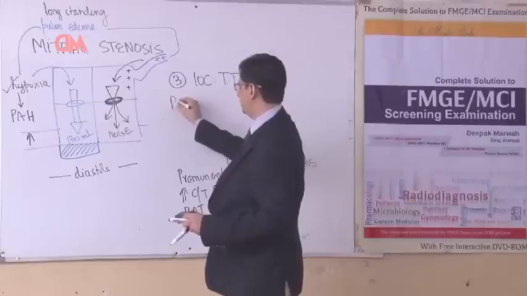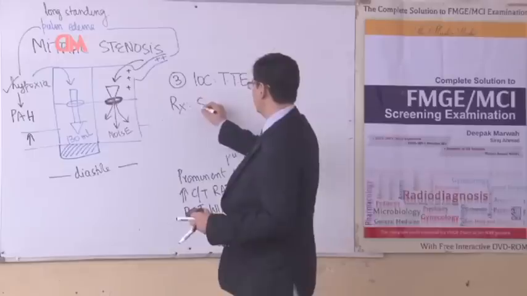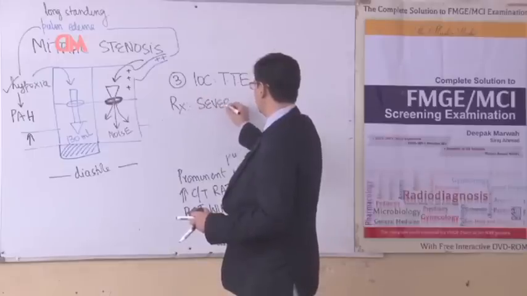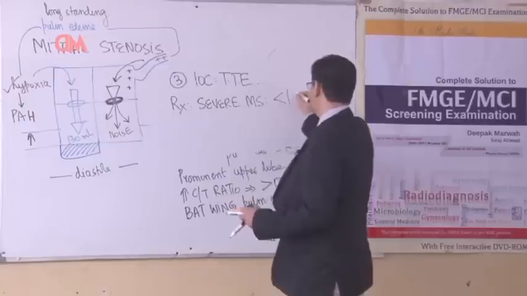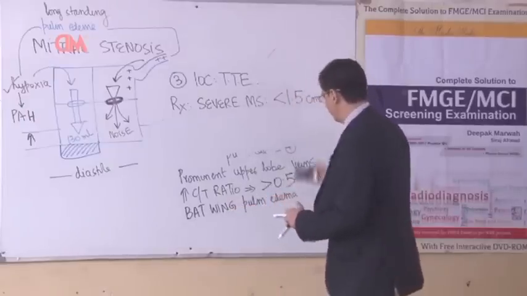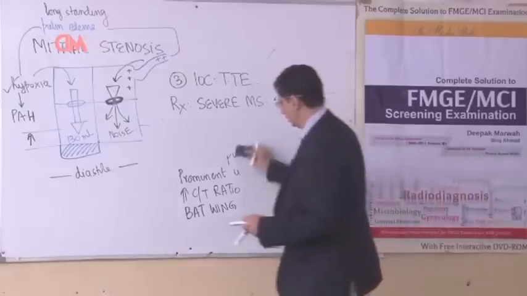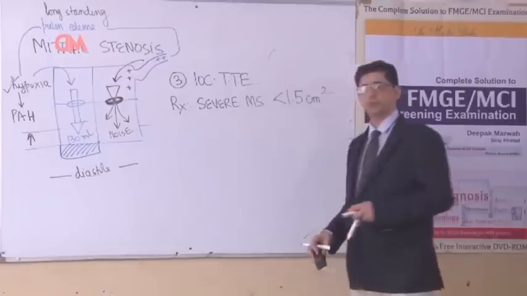For management of patients of mitral stenosis, if the size of the opening is less than 1.5 square centimeter, we call it severe mitral stenosis. In severe mitral stenosis, because the opening is very, very small, the pulmonary edema of the patient will usually not improve with medication or will persist in spite of medication.